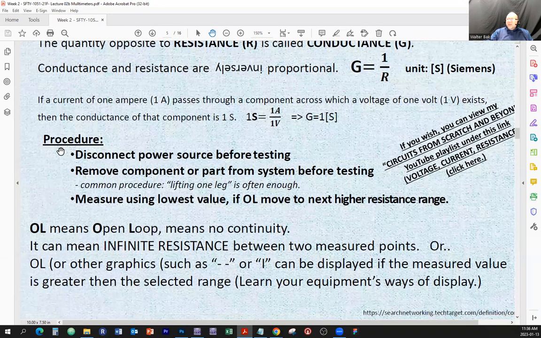Procedure. In order to make a resistance measurement of a component, first of all, we need to disconnect the power source from whatever the device is that contains that component.